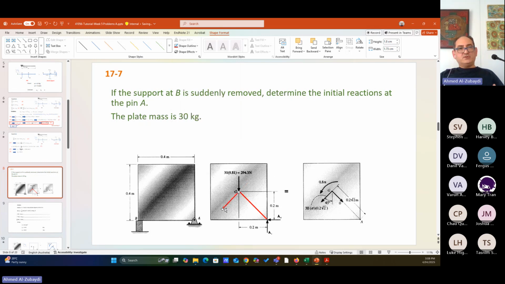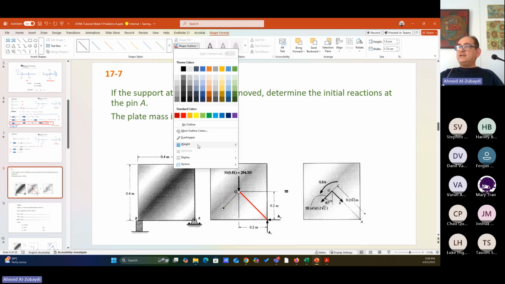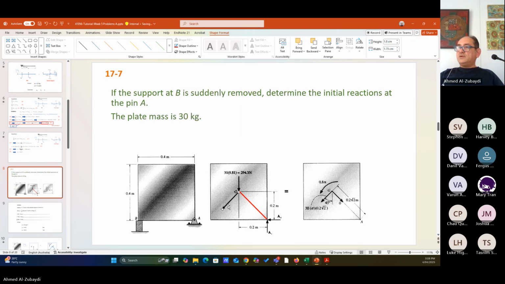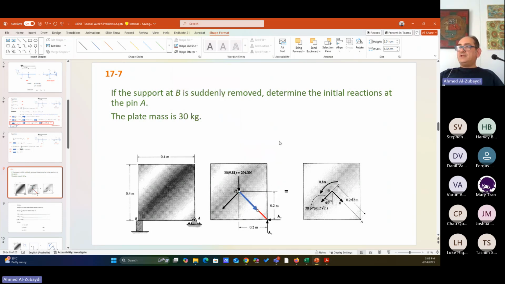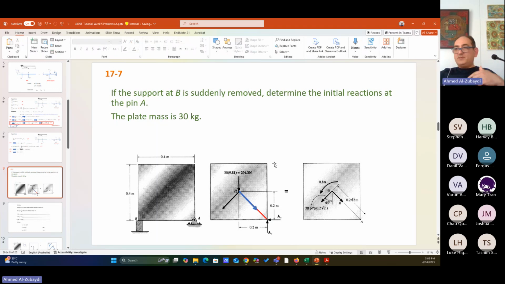This one is going to be equal to alpha multiplied by the length of the red link. For the normal one, it is going to have that direction, and that will be related to omega: omega squared multiplied by the length of the red line.